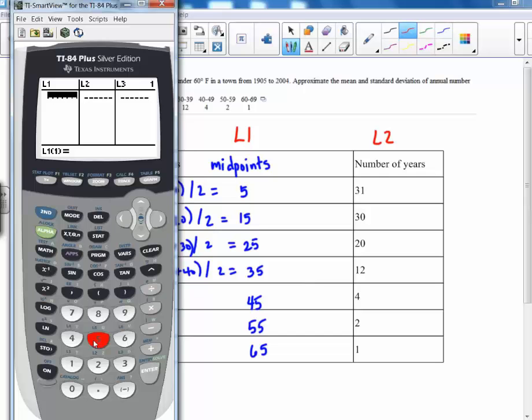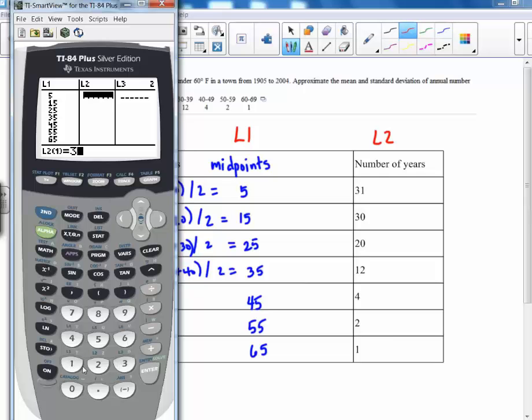So I'm ready for my 5, 15, 25, 35, 45, 55, and 65. And then I toggle to the right, and I'm in list number 2, and that's where I want to put those frequencies.